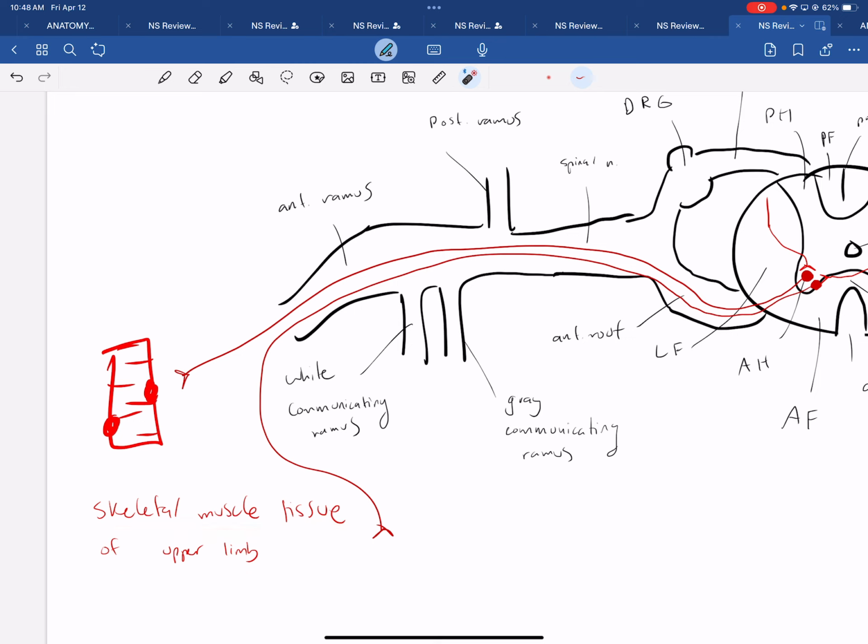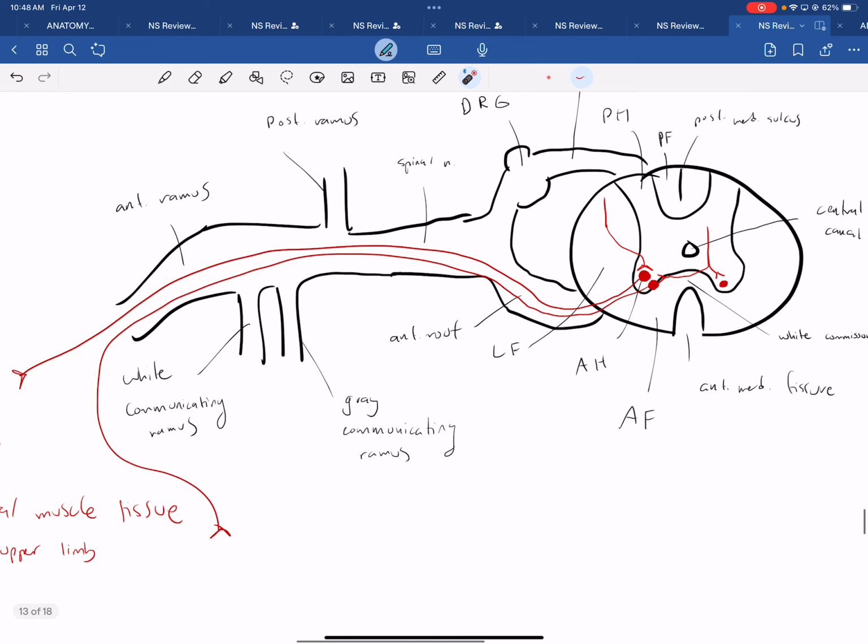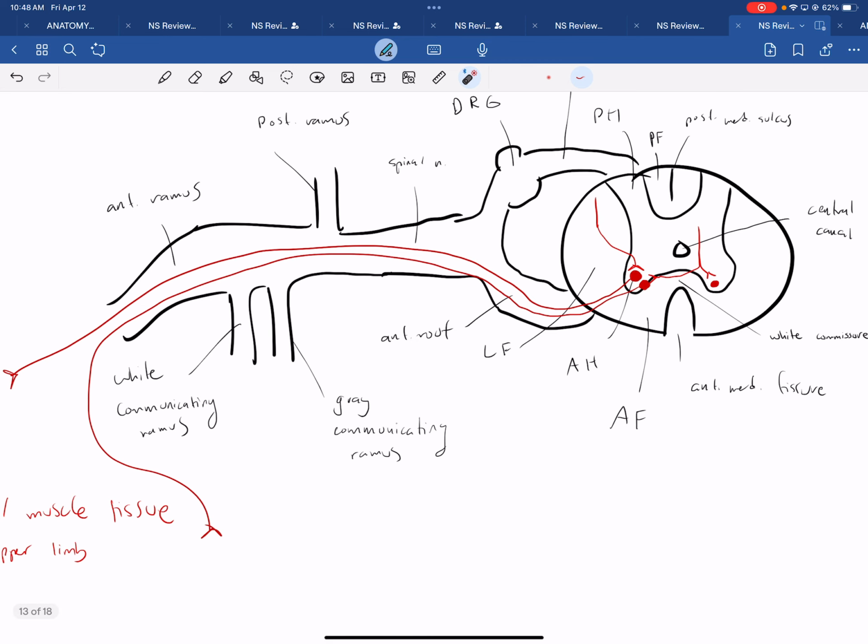So does this not go through a ganglion? Yeah, it doesn't have to, no. Talking about the sympathetic system? No, it doesn't. No, it does not go through a ganglion. Oh, yeah, that's the sympathetic system.